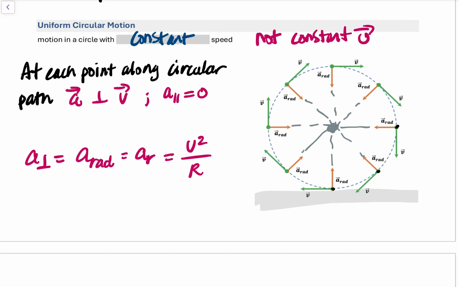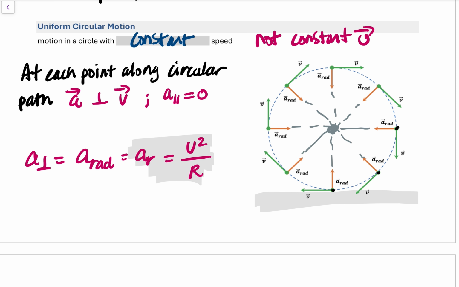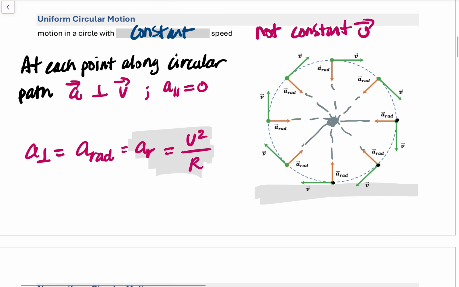That radial acceleration is equal to v squared over r. This is an equation that we will use a lot when we're working with circular motion, and later when we get into forces and objects that are moving in circles, we'll come back and use this equation some more. So a rad is equal to v squared over r, and that v is just the magnitude of our velocity vector at any point.